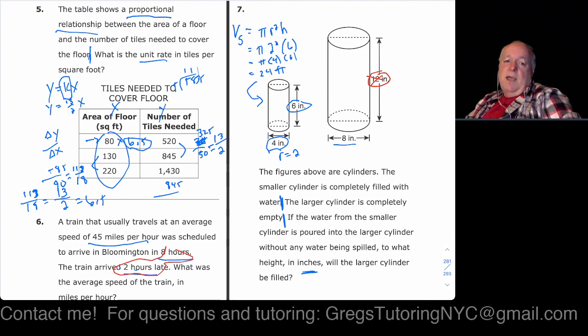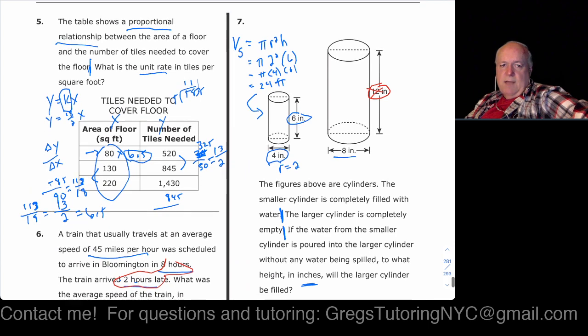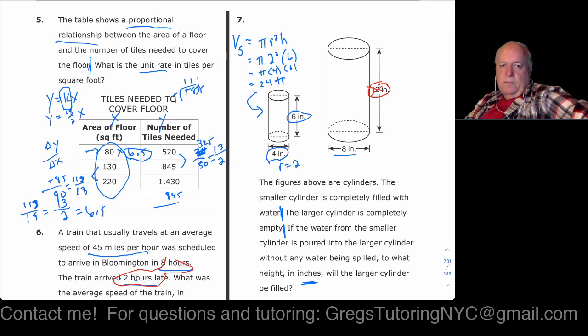It asked how much of the water from the small one can be poured into the large one without losing any drops. That's a different story. So basically, we're going to run through the same kind of scenario here, which is that the volume of the large one is also pi r squared h.